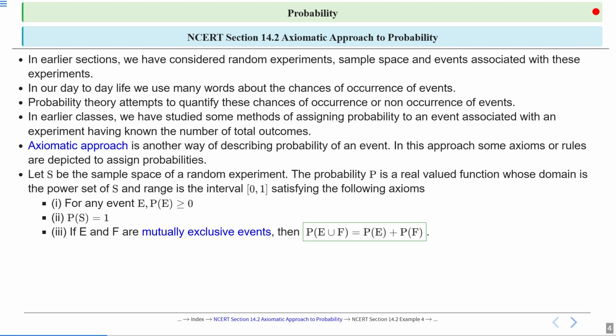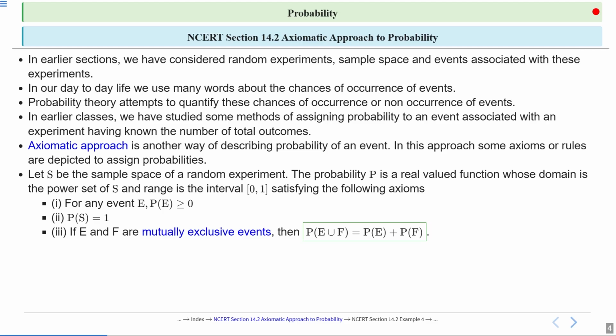If we have two events, suppose E and F, and the intersection of the events E and F is empty, then E and F are called mutually exclusive events. If E and F are mutually exclusive events, then P of E union F is equal to P of E plus P of F.